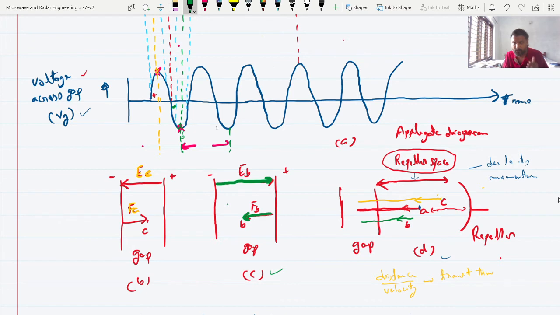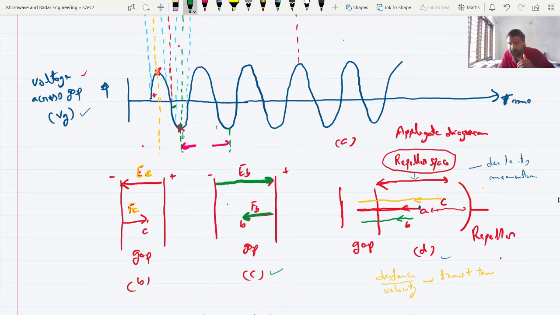In the previous case, the force was in the same direction and the electron was accelerated. Here, the force is opposite to its motion and it is retarded. So the velocity of electron B will be Vb less than V0. Since the velocity has decreased, the momentum also decreases.